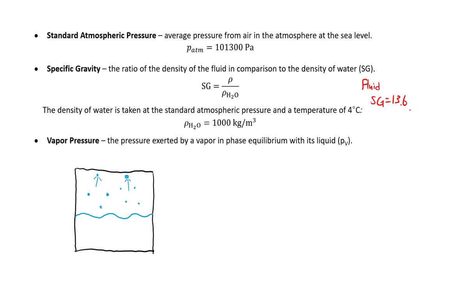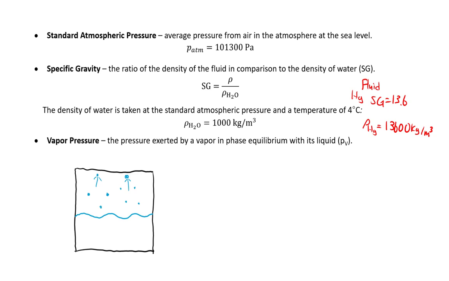Remember, no units, it's dimensionless. Then we're basically saying that the density of mercury here is equal to 13,600 kilograms per meter cubed. Specific gravity is basically just a way to represent the relative density of a fluid.